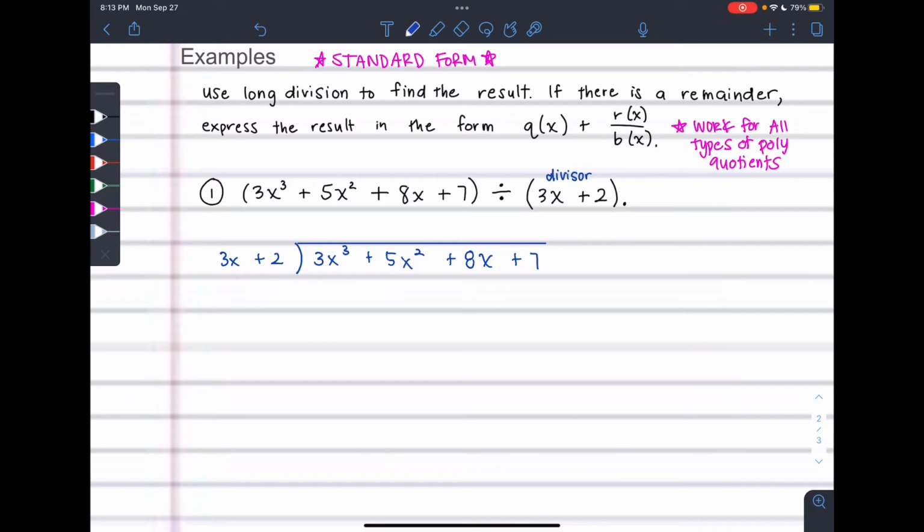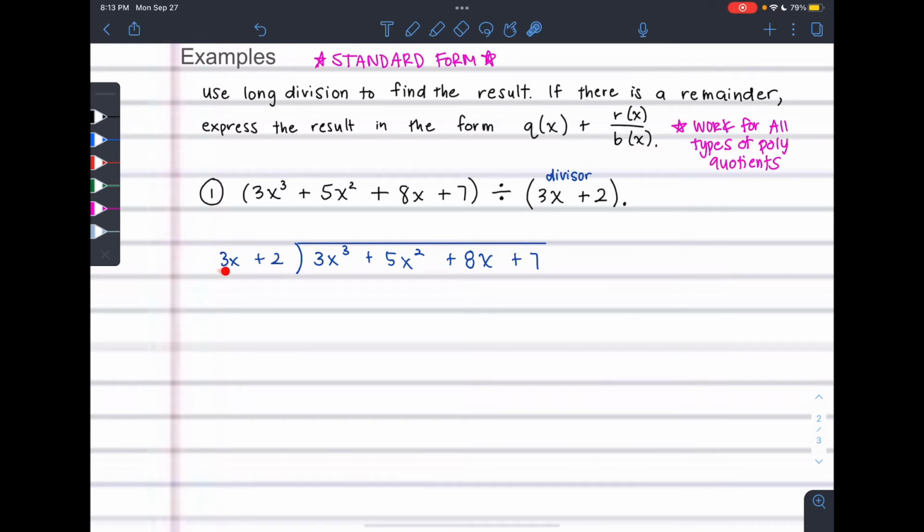Okay. Now with long division, it's really important that we organize our work and we write clearly. There is a bit of room for error here, so you want to be careful with your work. All right. Now when you start, you always compare the term with the highest degree in your divisor to the term with the highest degree in your dividend.